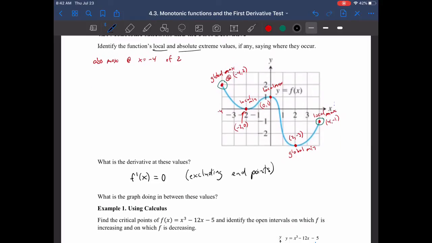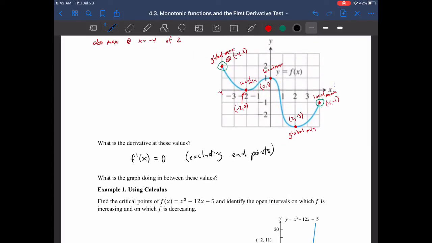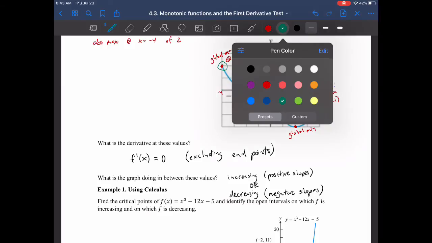What is the graph doing between these values? Well, it's either increasing with positive slopes, or it's decreasing with negative slopes. So if I look at this graph up here, let's pick another color, let's pick purple.